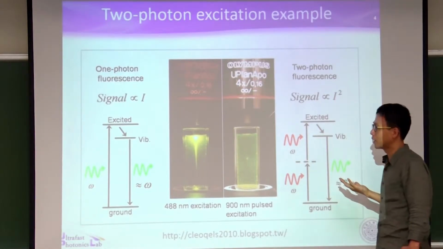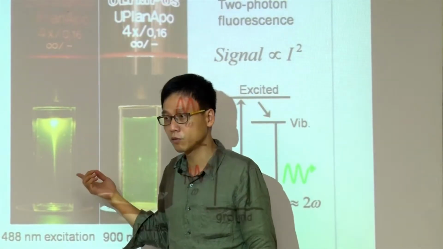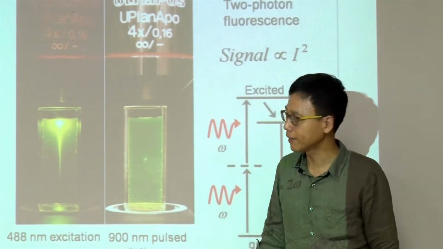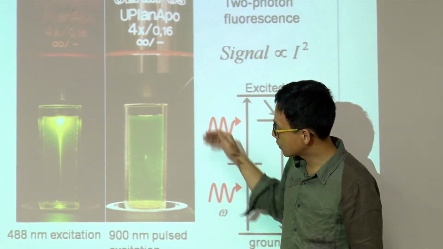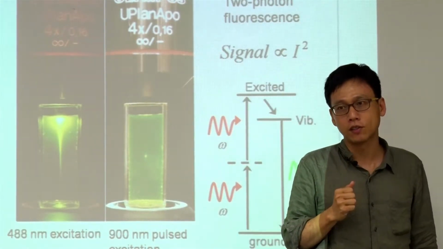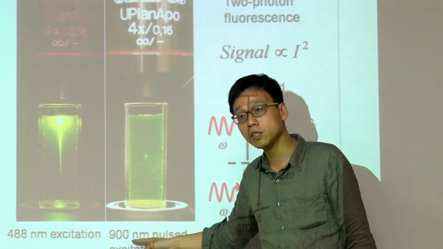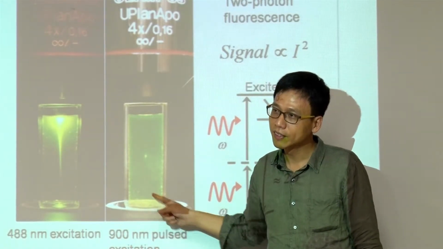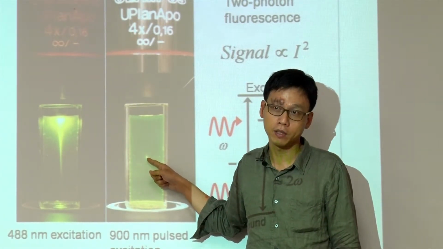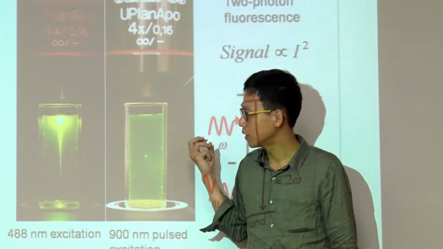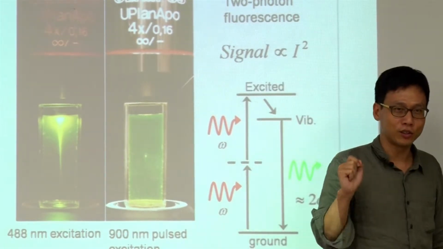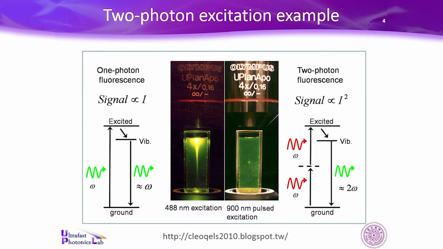So you cannot tell the emitted photons come from which depths, no sectioning, okay? The right-hand side shows the same scheme, but this time the excitation wavelength is shifted to 900 nanometers, longer wavelengths. And this time, only a very small bright spot can be observed. So the captured photon must come from this small area. You have depth sectioning in this way. Okay.